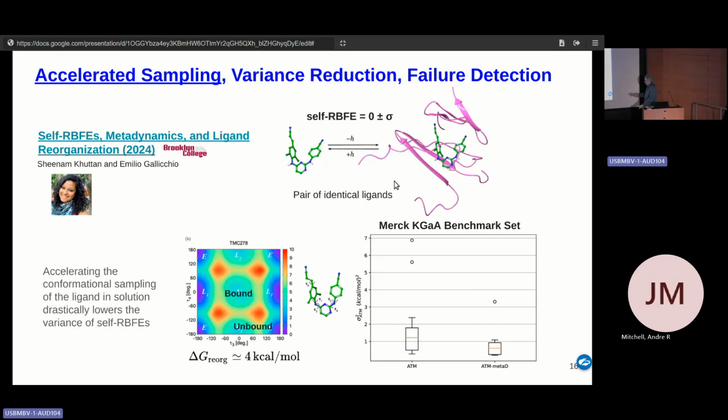It was particularly helpful when the ligand reorganizes in going from solution to the binding site. But of course, there are many cases where metadynamics on torsional degrees of freedom or other degrees of freedom would be useful. Metadynamics is nice because it's just an add-on, so it can be plugged in very easily. And unbiasing is very straightforward.